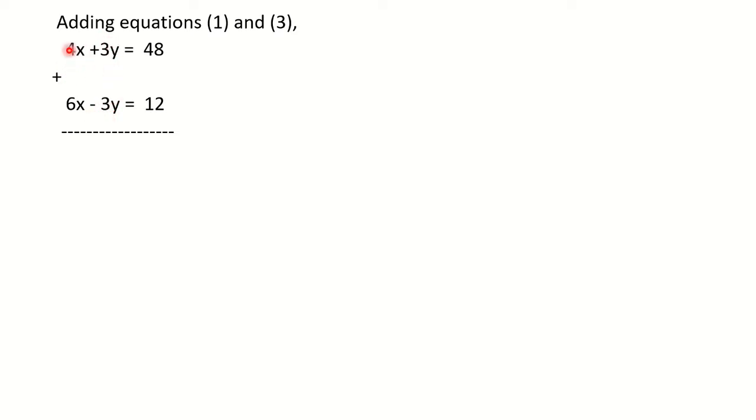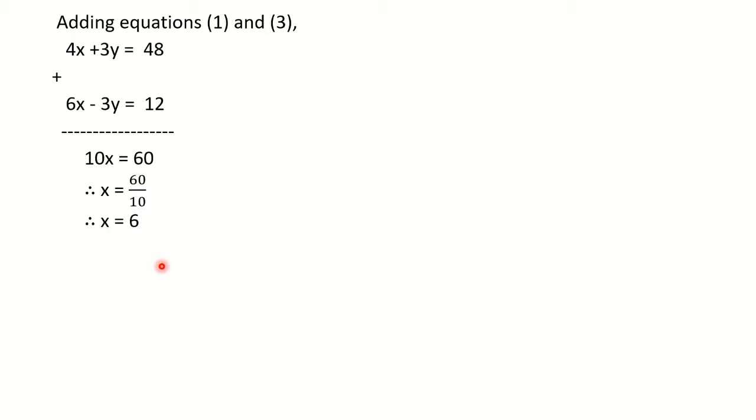And here we will get 4x plus 6x, 4 plus 6, 10. Here we will get 10x is equal to 48 plus 12, that is 60. So we get 10x is equal to 60, and from that, x is equal to 60 divided by 10, that is 6. So the value of x is 6.